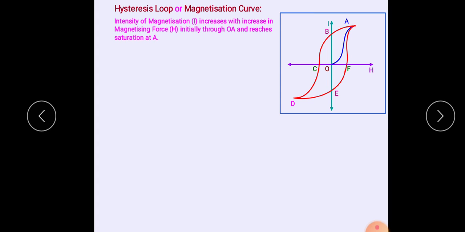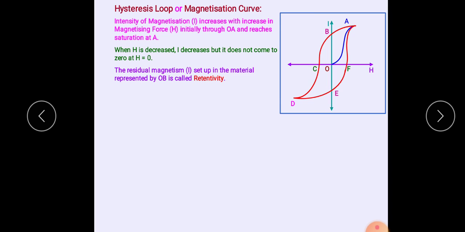Intensity of magnetization increases with increase in magnetizing force initially through OA and reaches saturation at A. When H is decreased, I decreases, but it does not come to 0 at H equals 0.